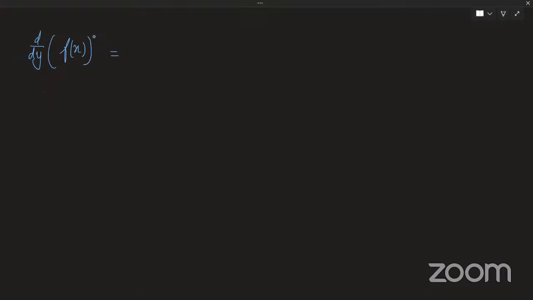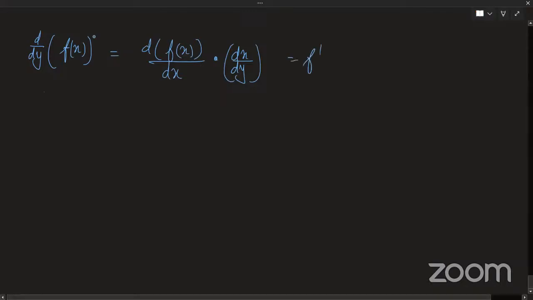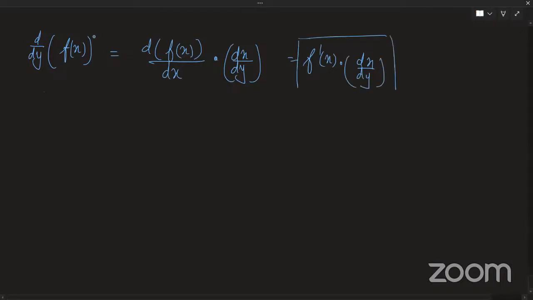A function that has terms of x with respect to a variable y. So what you do is you can again do it. You divide it by dx and multiply it by dx by dy. So it will be f dash x into dx by dy.